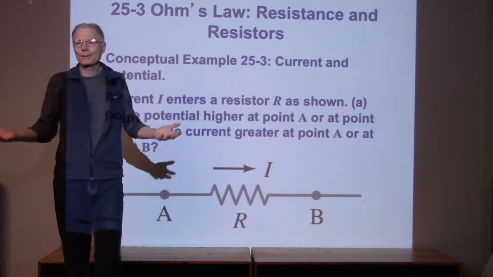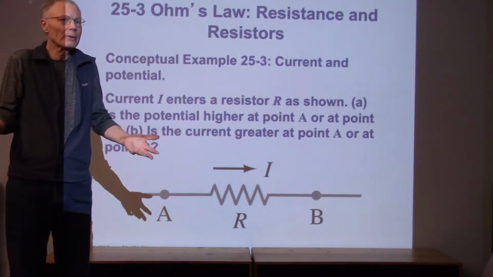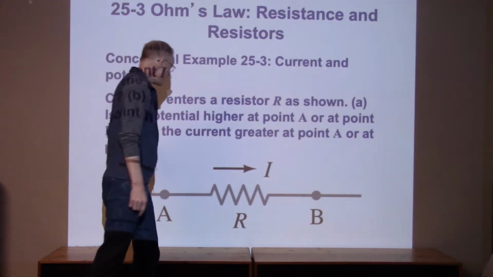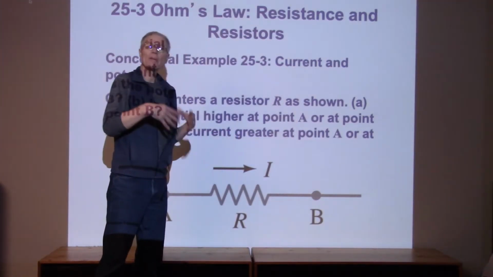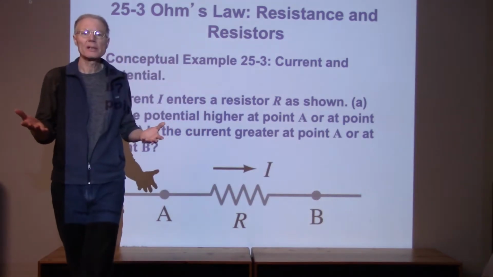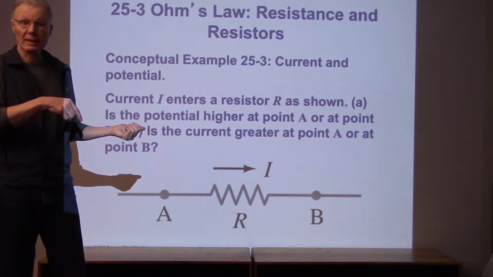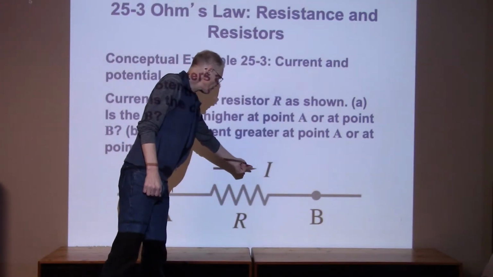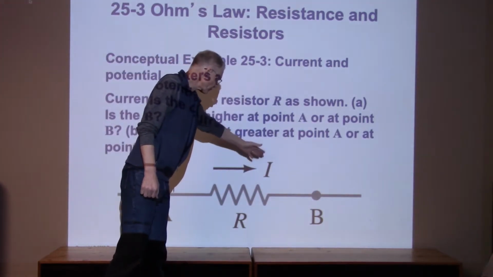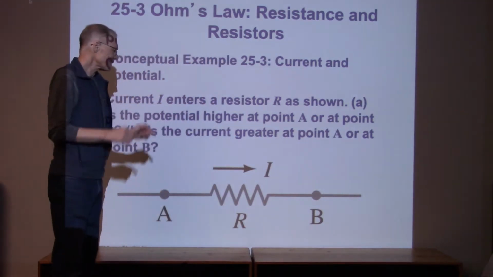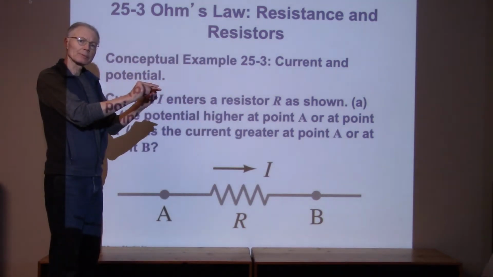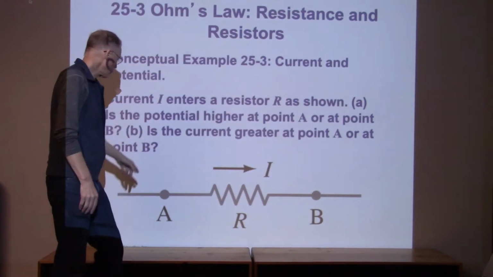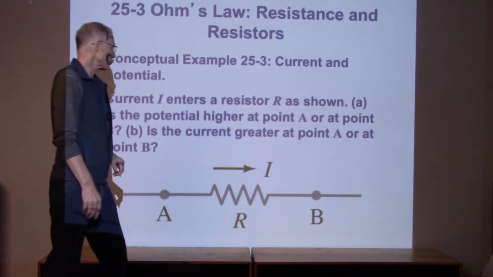Now we have to ask ourselves, why is the current going through in that direction? That's because the E field, the electric field within the wire itself, is going in that direction. So if the electric field is directed in the direction that the current is traveling, that says the voltage must be dropping off. There must be a voltage drop going from A to B. That's how we refer to it.